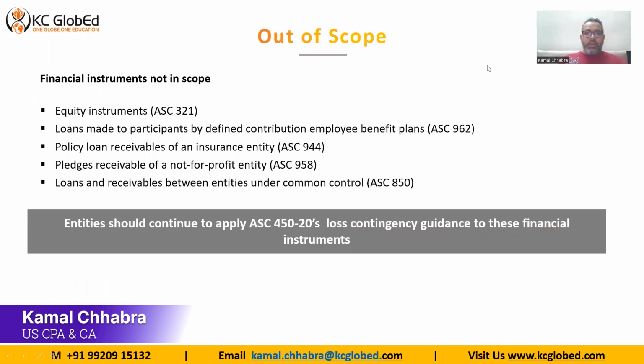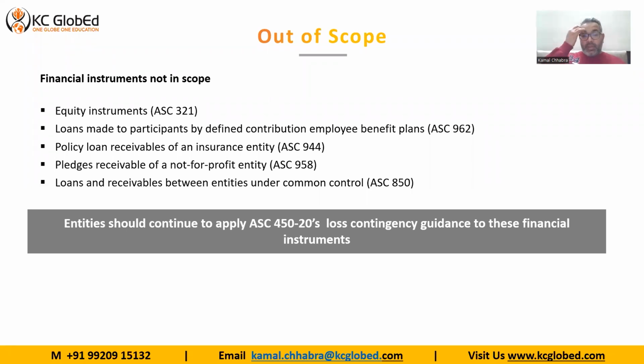Okay. So now what is out of scope? Equity instruments, which are already covered in ASC 321. So that is out of scope. Loans made to participants by a defined contribution employee benefit plan. Companies do have employee benefit plans.